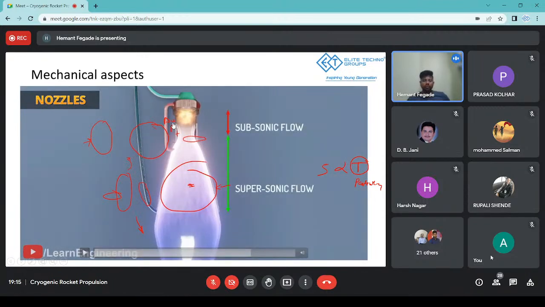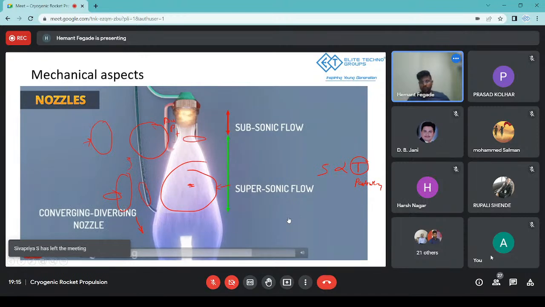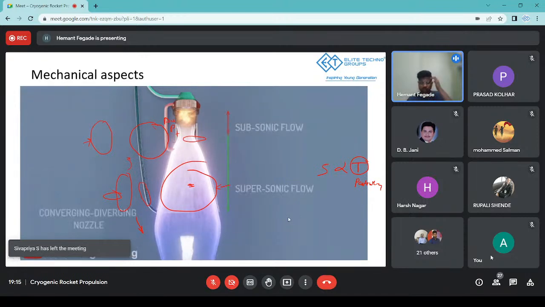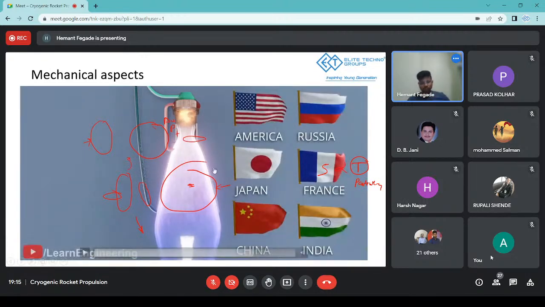To again boost the speed of the exhaust, you use something called a convergent divergent nozzle. Maybe you must have seen in aerodynamics that you have this convergent divergent nozzle where you are reducing the throat area, and there you are increasing the thrust.